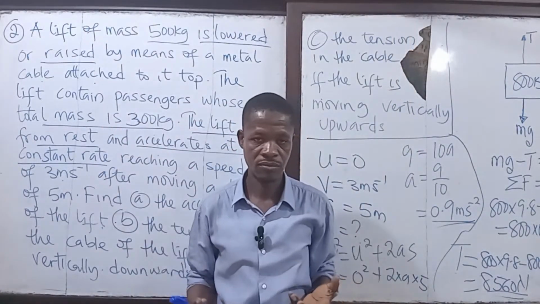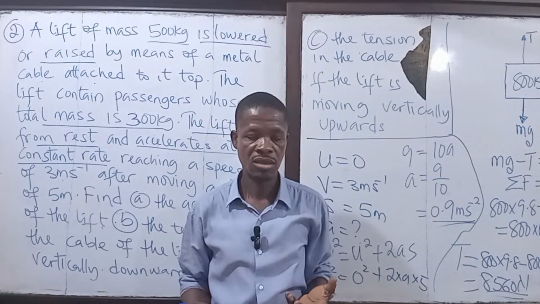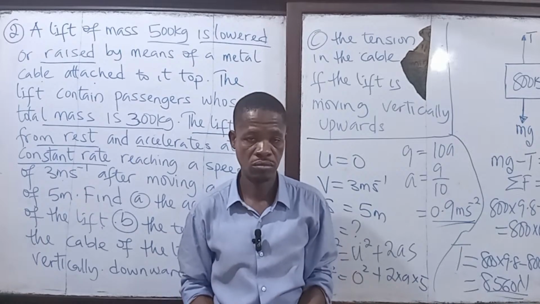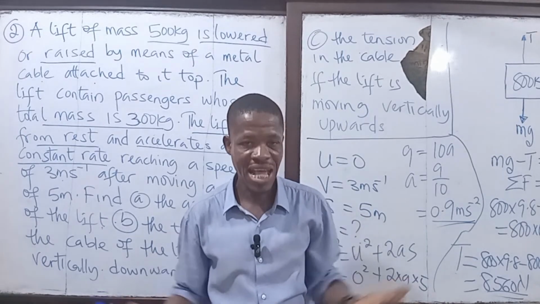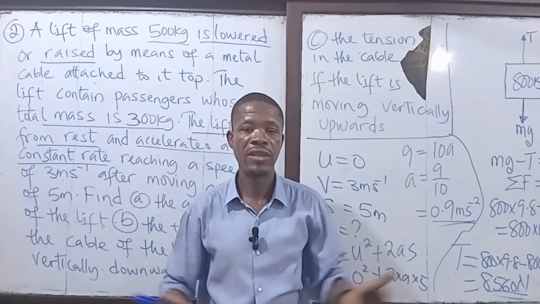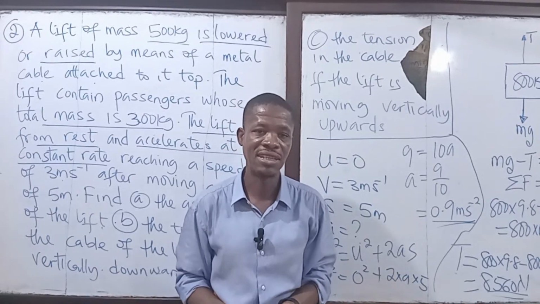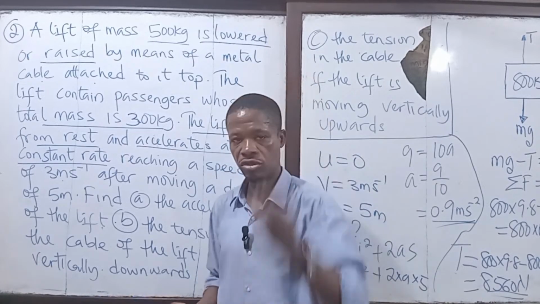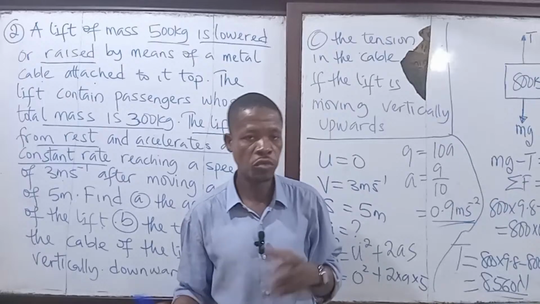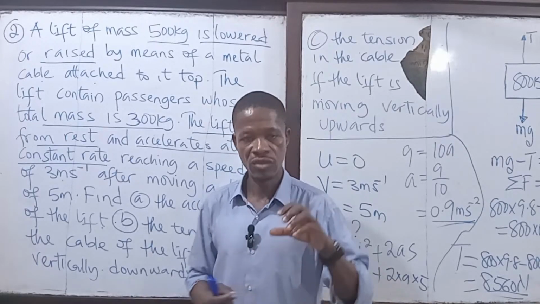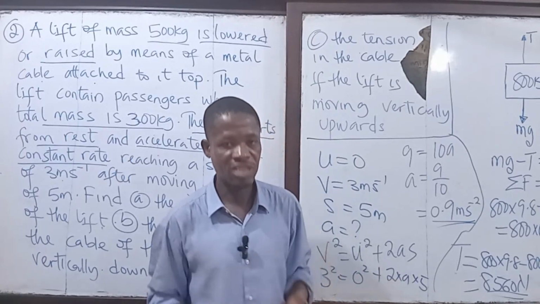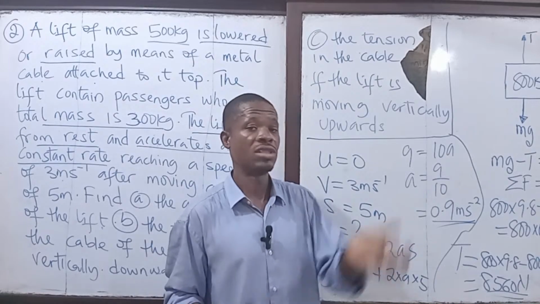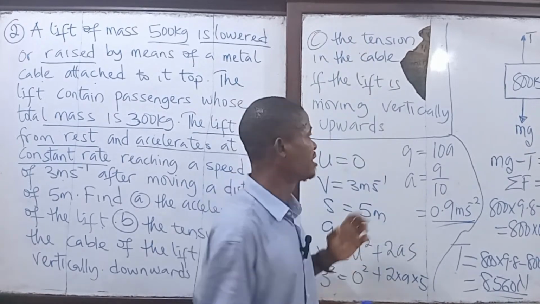Your weight is acting downward, and the reaction of the floor of the lift is acting upward. So the two forces: the weight is acting downward, and the reaction of the platform on you is acting upward.